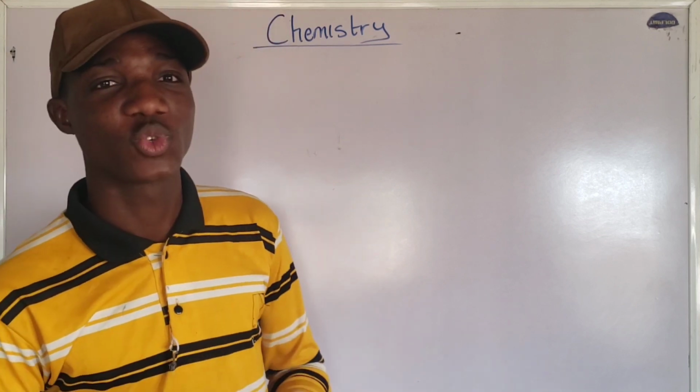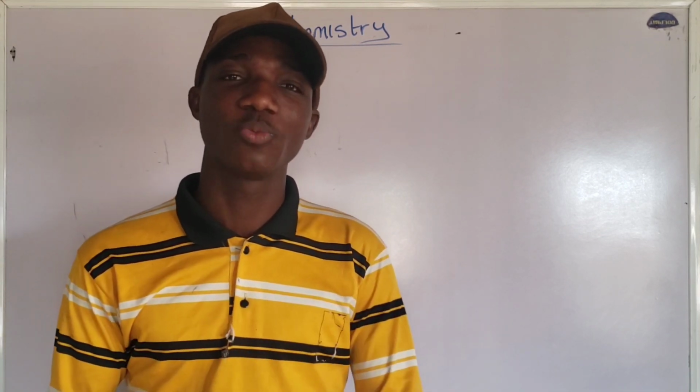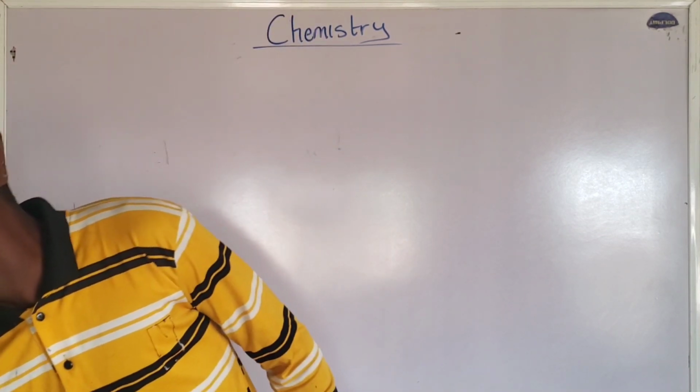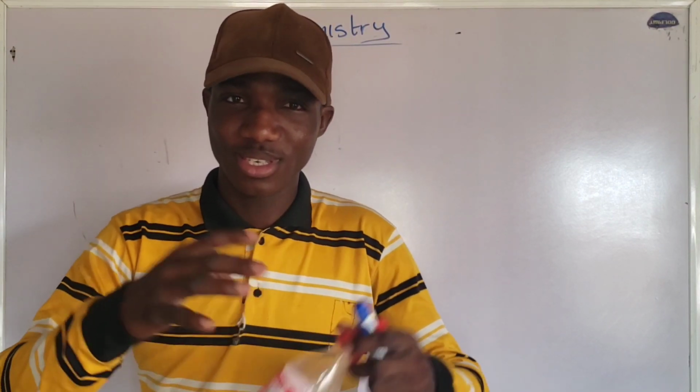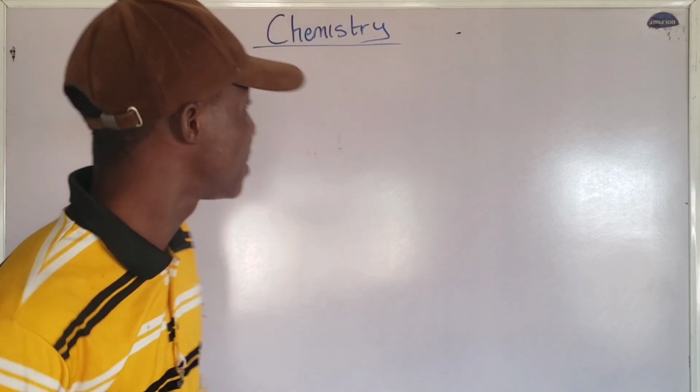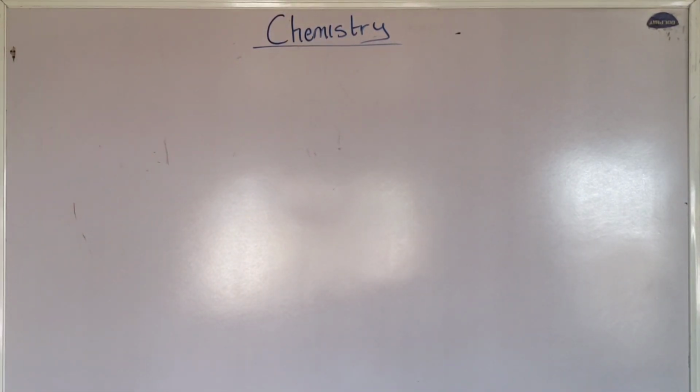So let's delve into JJ Thomson's cathode ray tube experiment. When we talk about a cathode ray tube, it is like a bottle that is sealed all over. I'm going to have a diagram here. Please kindly pay attention.